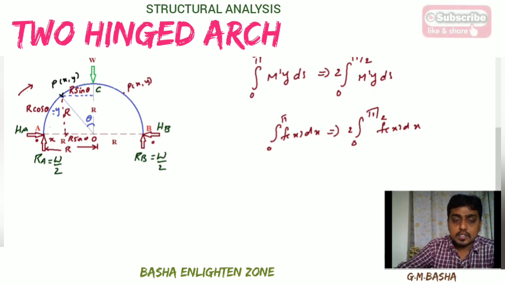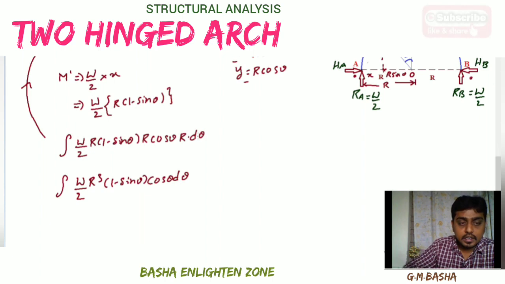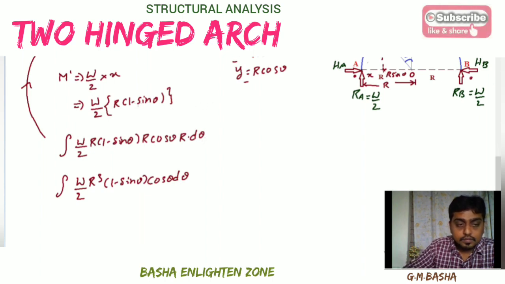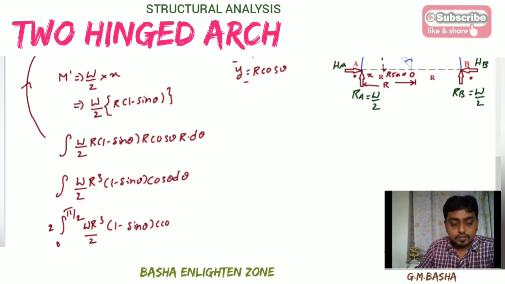Here what I am telling is, based on that, I am considering the integral from 0 to pi by 2, 2 times WR cube by 2 into (1 minus sin theta) into cos theta d theta.